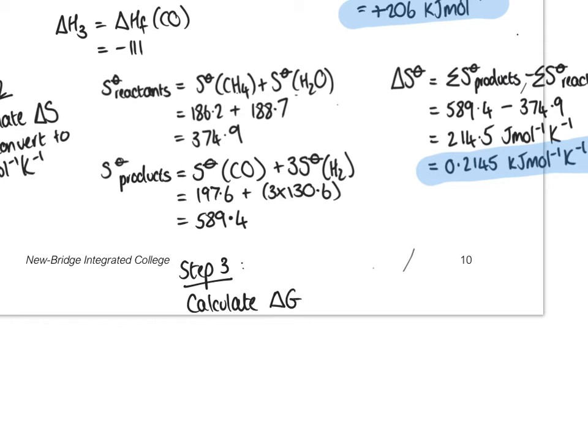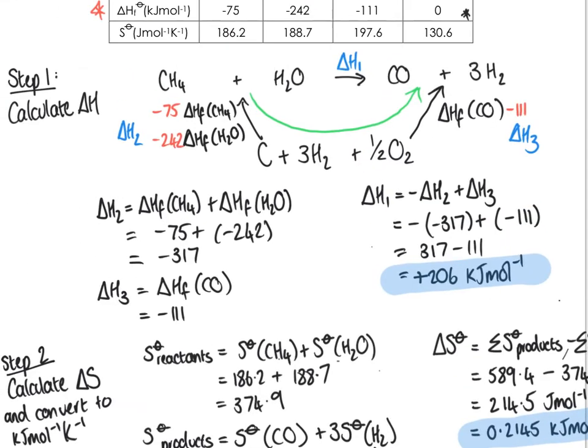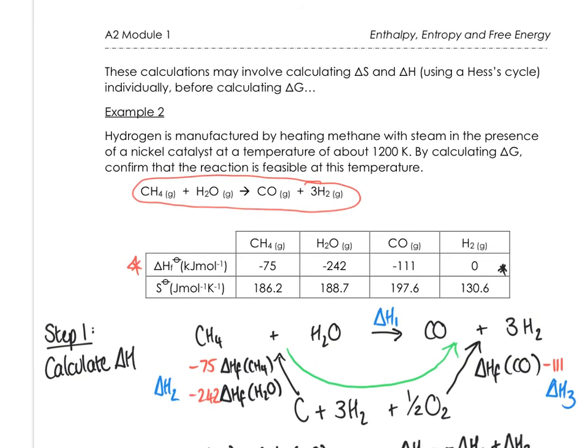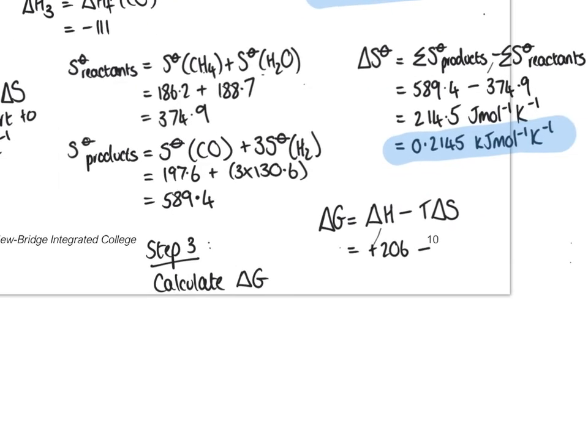Okay, what's my equation for delta G? Delta H minus T delta S, great. So my enthalpy value from up there is plus 206 minus the temperature I get from my question, which is here, 1200 Kelvin. So go back down here.